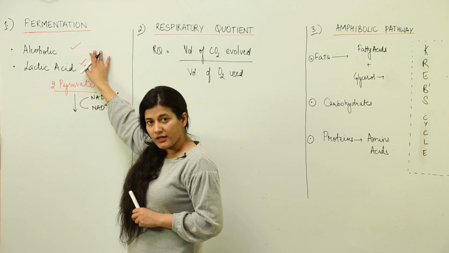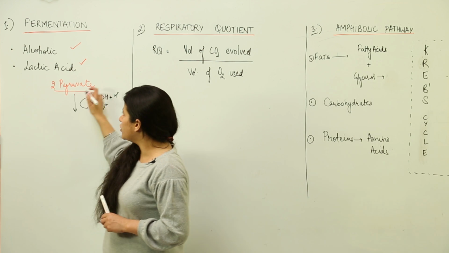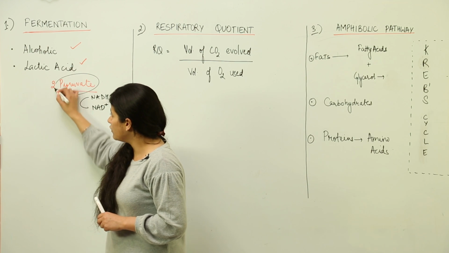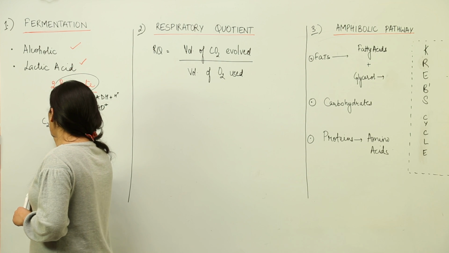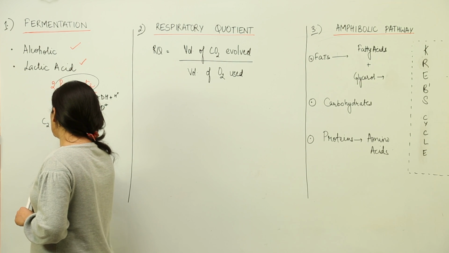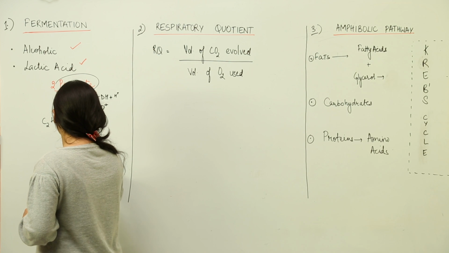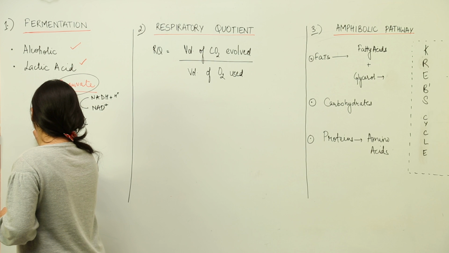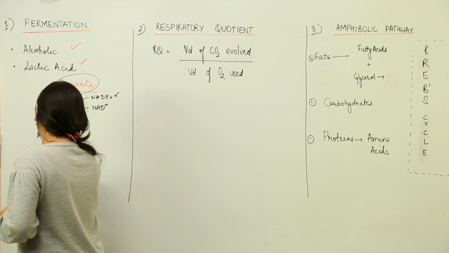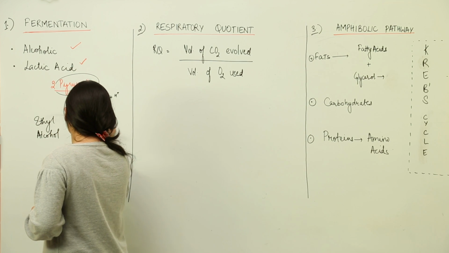In case of alcoholic fermentation, what happens is, each molecule of pyruvate would break down into one molecule of ethyl alcohol, ethanol, as we call it, and one molecule of CO2.